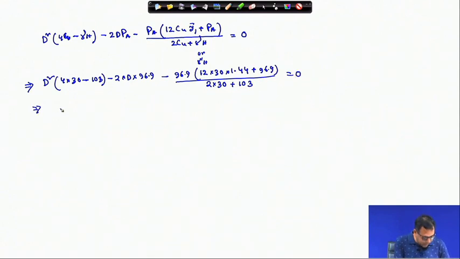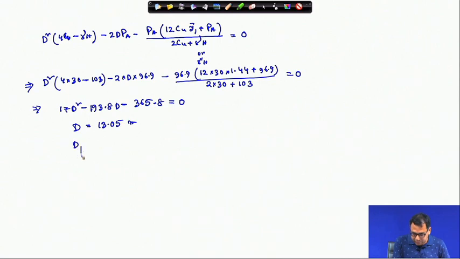After simplifying we will get 17 d square minus 193.8 d minus 365.80. After solving we will get d is equal to 13.05 meter, and d provided is 13.05 into 1.3, which is around 17 meter.